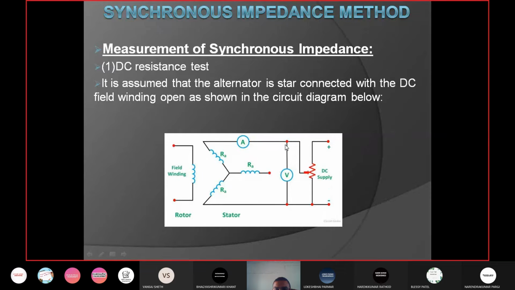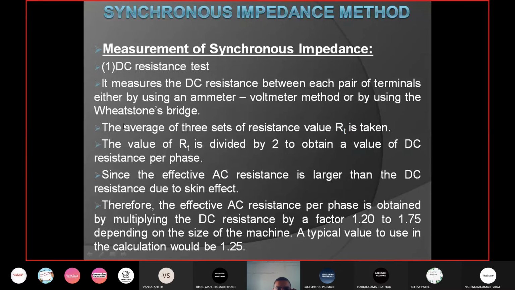So in between these two phases the voltage is measured, and in this the current is measured. So V by I, we can find the resistance. So the average value of three sets of resistance is taken as RT, and this RT is divided by 2 to obtain the value of DC resistance per phase.